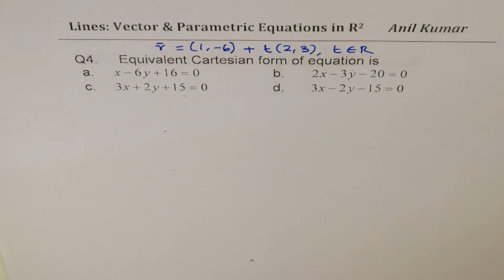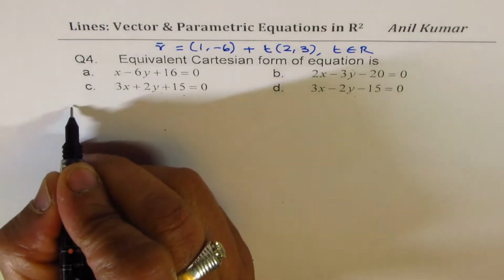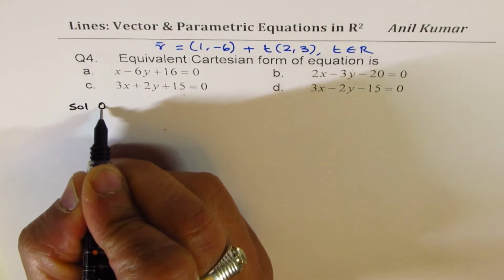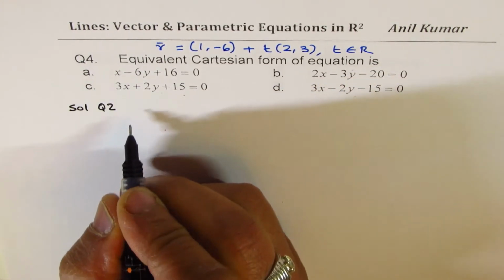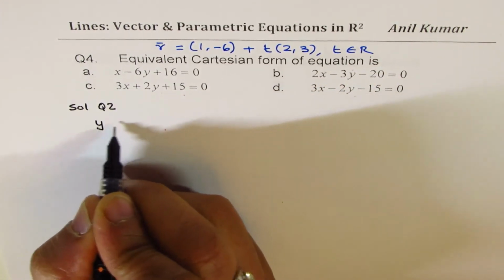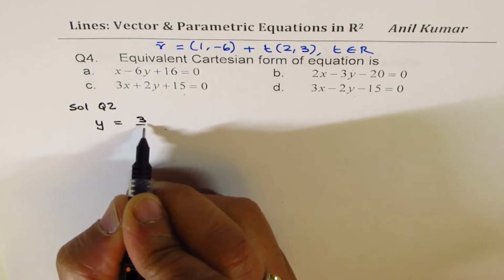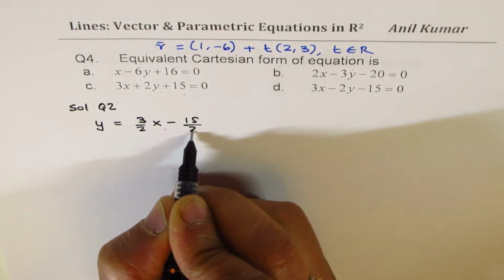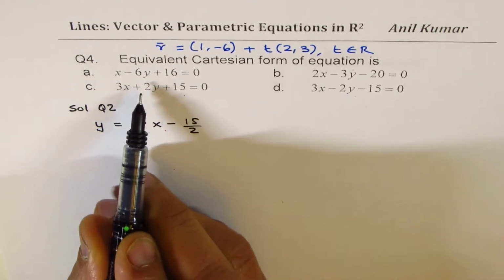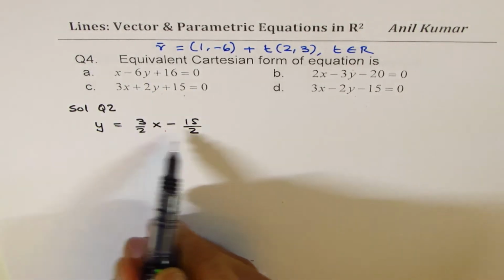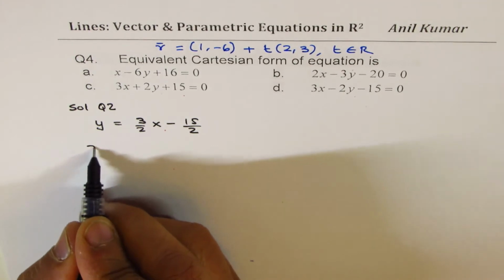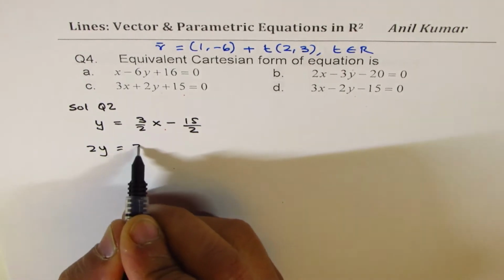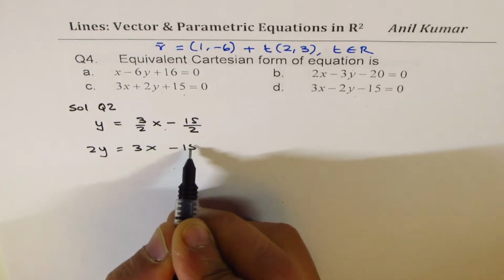What we did in the solution of question 2, we found that y is equal to 3 over 2 x minus 15 over 2. Now from here we can get that equation. Perfect. So let's multiply everything by 2. We can write 2y equals 3x minus 15.